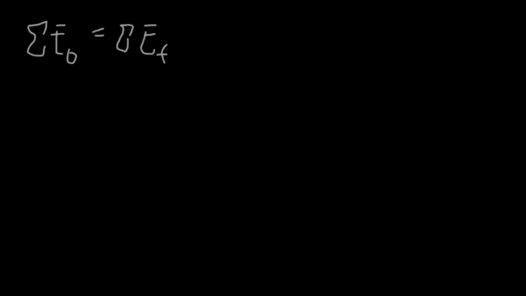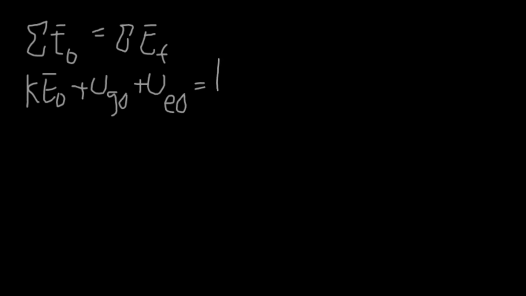So say, for example, that we have our energies: kinetic energy initial, plus our initial gravitational potential energy, plus our initial elastic energy is going to be equal to our final kinetic energy plus our final gravitational potential energy plus our final elastic potential energy.